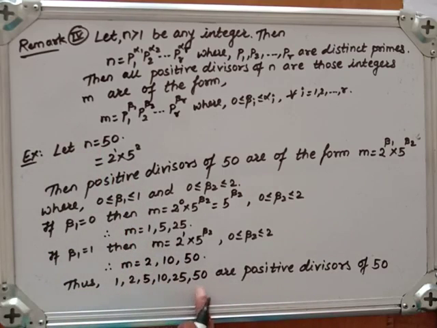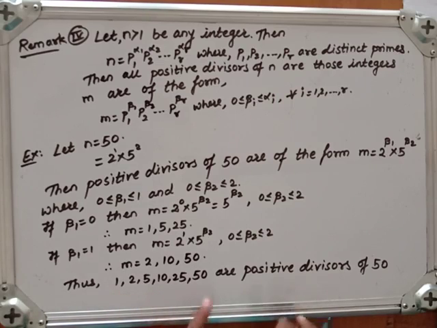Now 50 is a very small number. We can easily determine these positive divisors of 50 orally also, but this is a way of finding positive divisors of a large integer. Once we find the positive divisors, we can easily find the other functions. First of all, we need d of n, how many positive divisors there are.